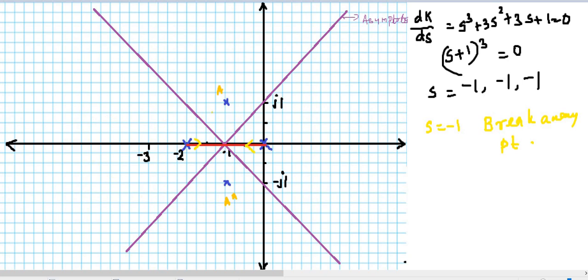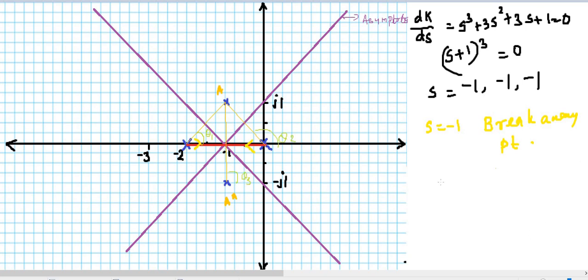Now we have to draw or mark straight lines from all the poles and zeros to the complex pole A. Now mark the angles as theta 1, theta 2 and theta 3.